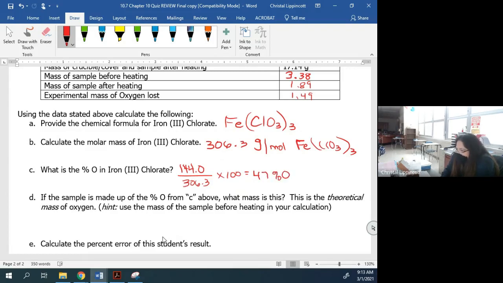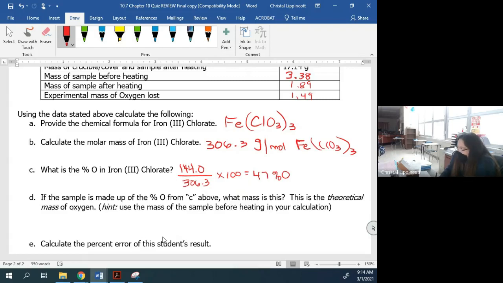Okay. All right. So now we're going to figure out if the sample is made up of oxygen from it, what mass is this? So what is the mass of this oxygen? Okay, so the sample is made up of this percent oxygen.